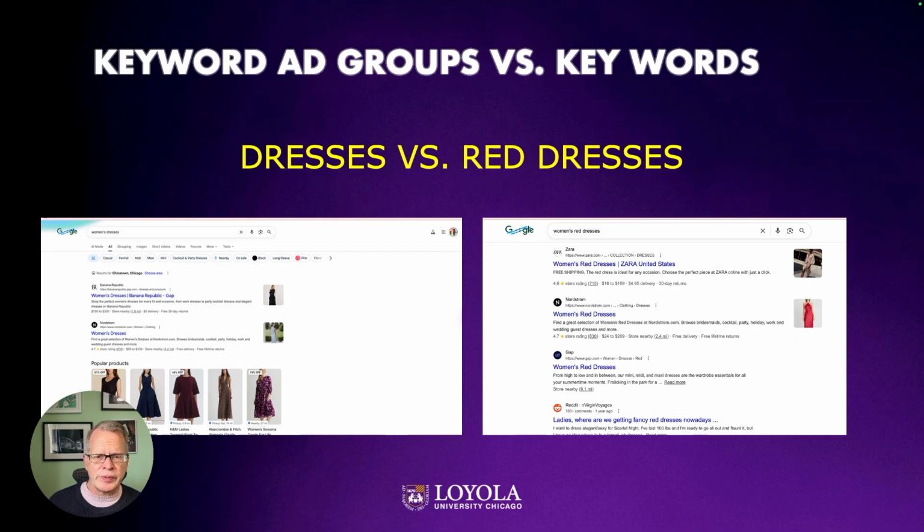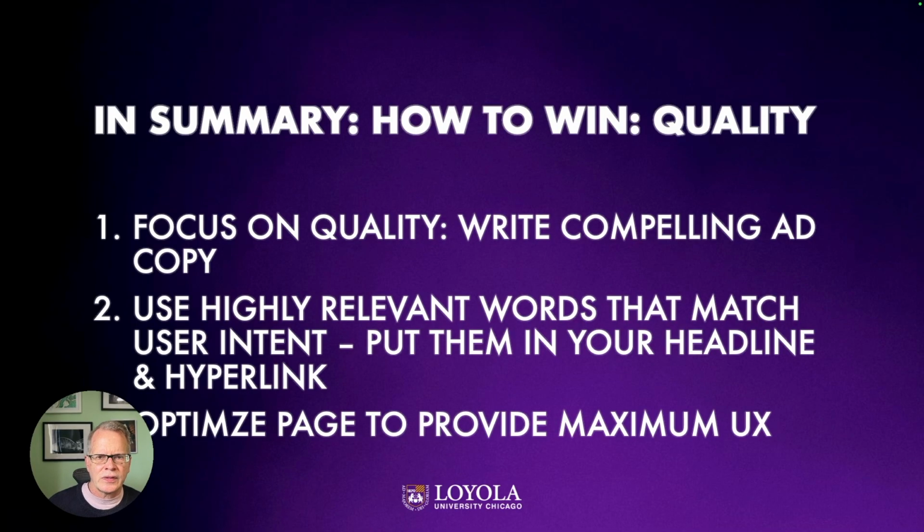And within those specifics, you want to be rewarded for them, the search, and being able to come up right away. So obviously, in this case, the ad here for Zara and Nordstrom has a high quality score. And they also probably would come up for dresses, but their search result would be way, way down on the list.